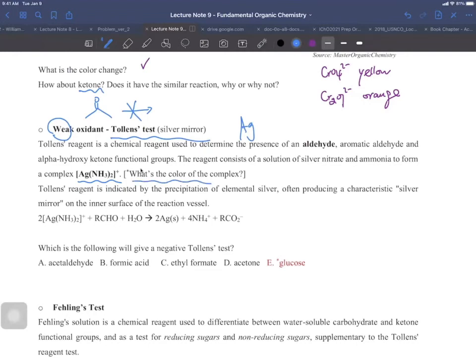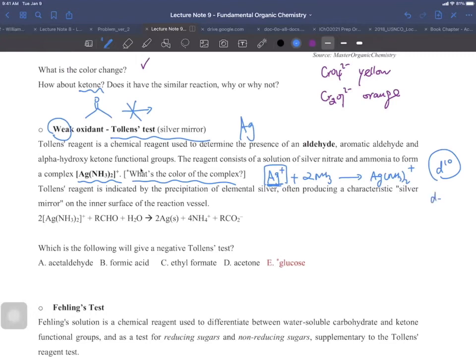This complex is supposed to be colorless because the color is related to the +1 silver. The reaction is like this. This complexation process will not change the silver +1. And as we know, the silver +1 has a d10 electron configuration, which means all of the d orbitals are fully filled.